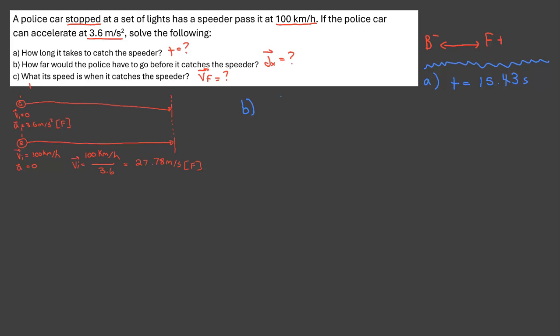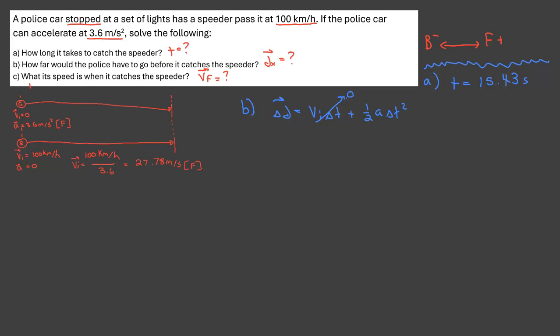If I do it from scratch, I can take that same formula again: delta D equals VI times delta T plus 1/2 times our acceleration times our time squared. For our cop, this initial velocity, like we stated, is 0, so this whole term will go to 0.